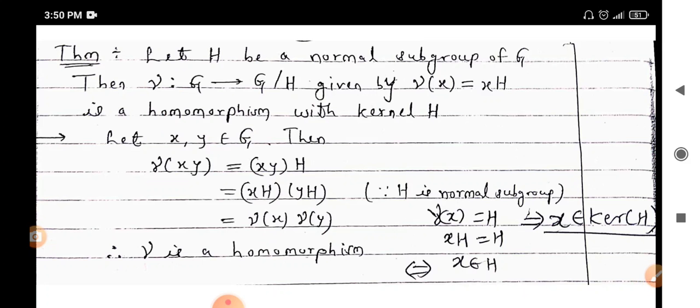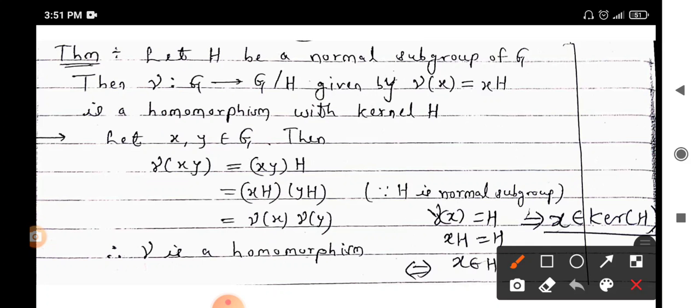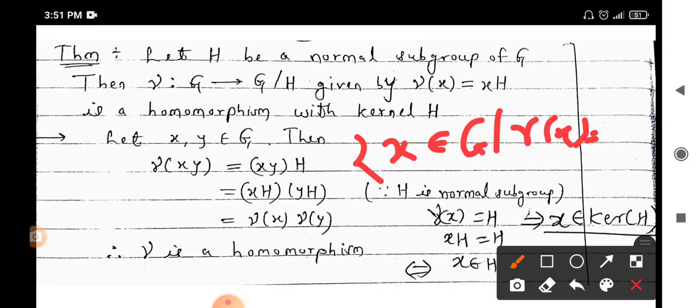What is the kernel of that mapping? It contains the set of X belonging to G such that gamma of X equals the identity in G by H, that is 0H.